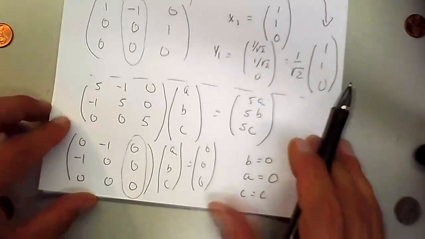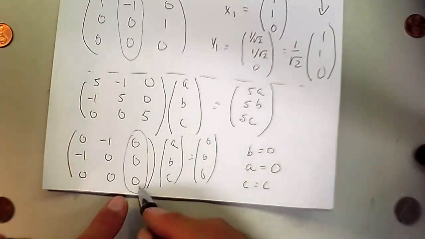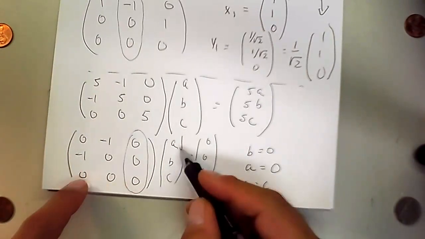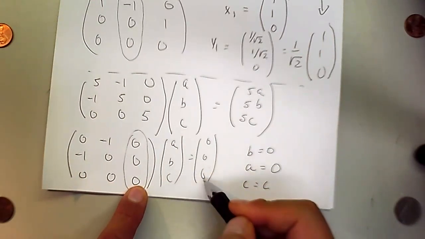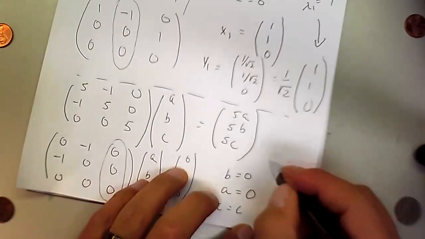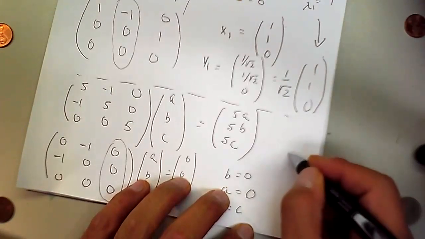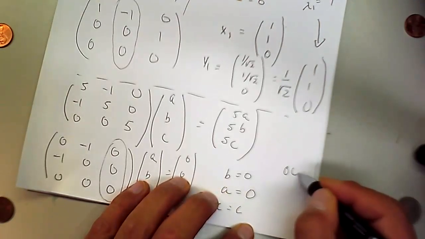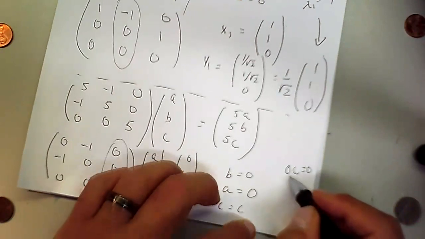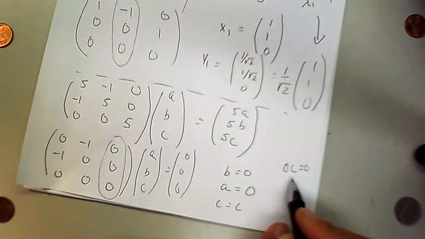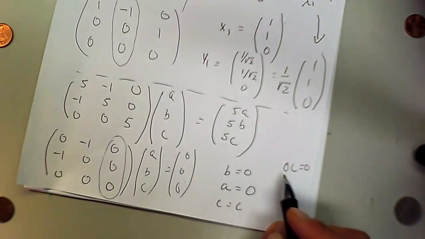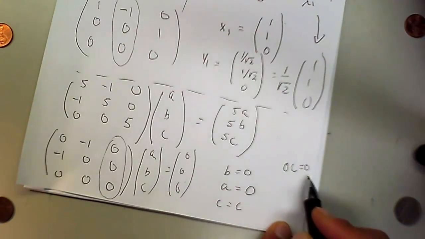You may be thinking, where is that coming from? Aren't you getting 0A plus 0B plus 0C equals 0? So we're getting 0C equals 0. But that equation is always true no matter what the C value is. If you put 1 million for C, 0 times 1 million is still going to give you 0.